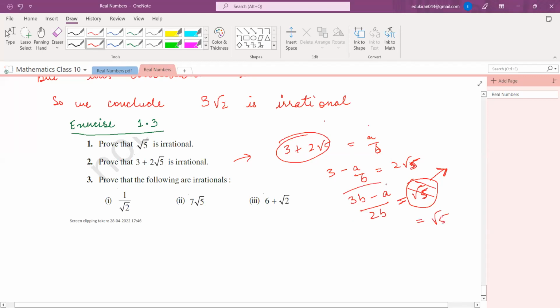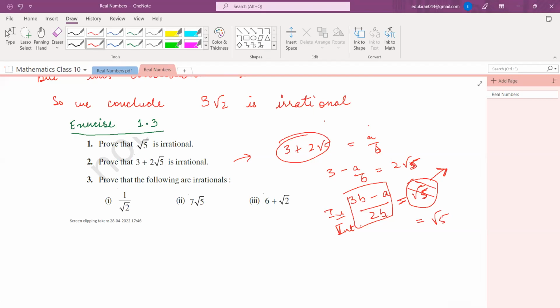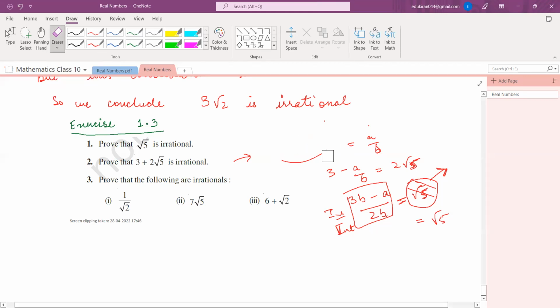Okay, now if you look at your LHS, so this is integer minus integer divided by integer. So this is integer upon integer kind of thing you are getting. That means it is rational. So your left hand side is rational and right hand side, which is root 5, which is irrational, you have already proved. So your contradiction has arisen and then you can conclude. Is this clear? Yes, ma'am. Okay, so I'm just skipping this.